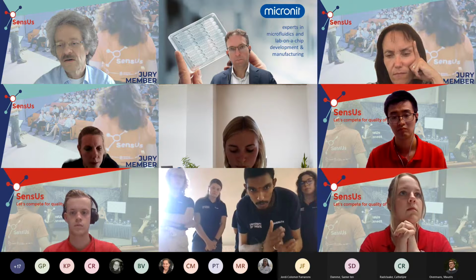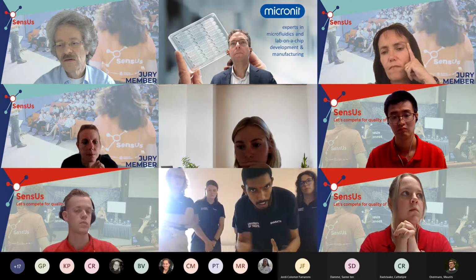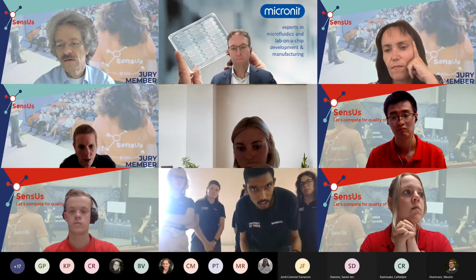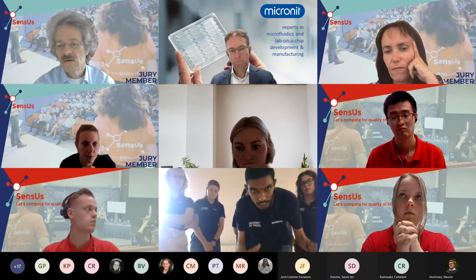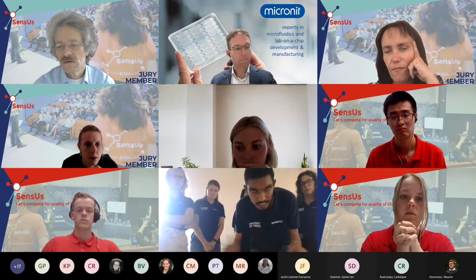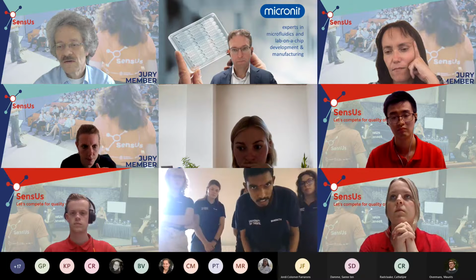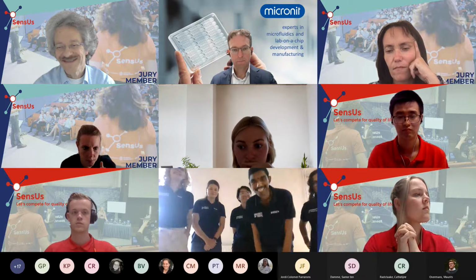So if there is a shift, we can measure only up to a 500 picometer shift. After that, two peaks will overlap each other, so we will be losing the data. If we design properly, by increasing or decreasing the diameter of the micro ring, we can increase the distance between two resonance peaks. That will increase the range of our detection. Okay, very interesting. Thank you.